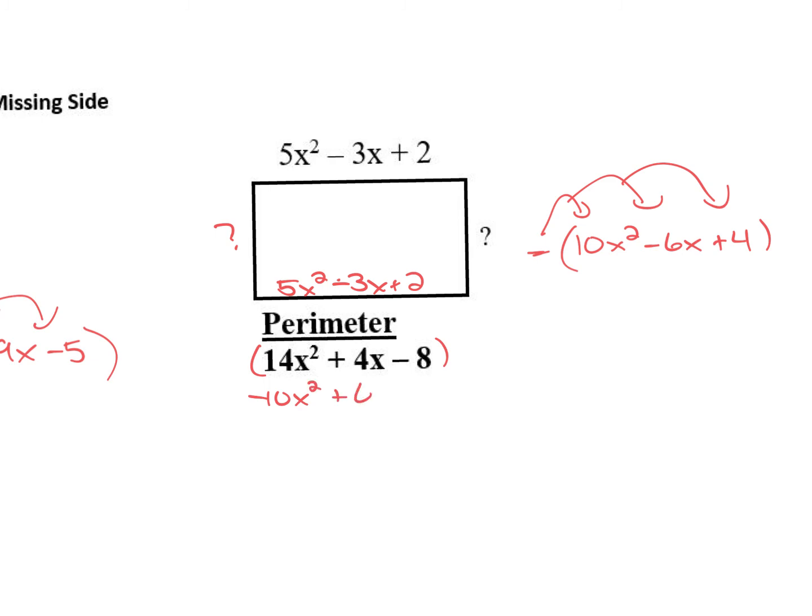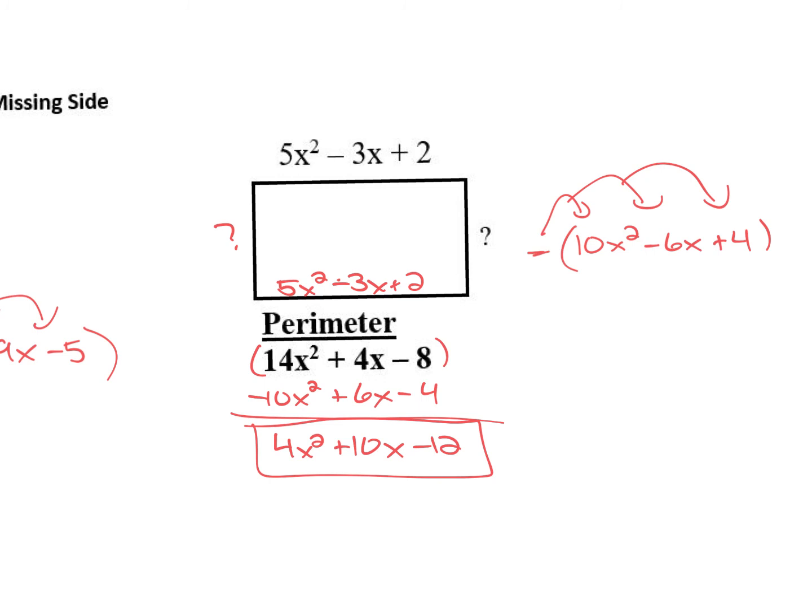And a minus a negative becomes plus, and minus a positive, we're going to have minus 4. And once we calculate that out, we have 4x squared plus 10x minus 12. And that becomes our missing sides. Now, careful here, meant to circle that, because that is our combined two sides.